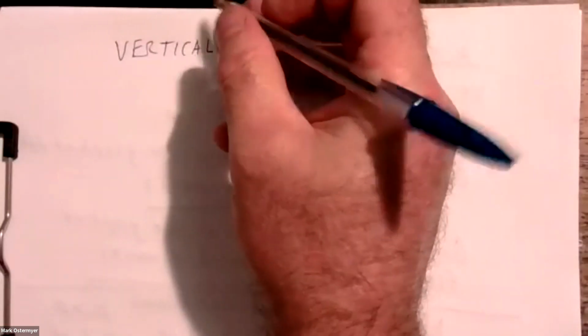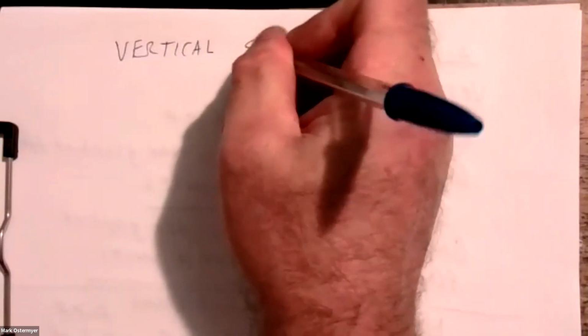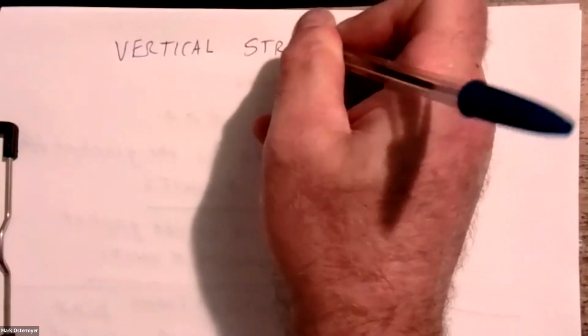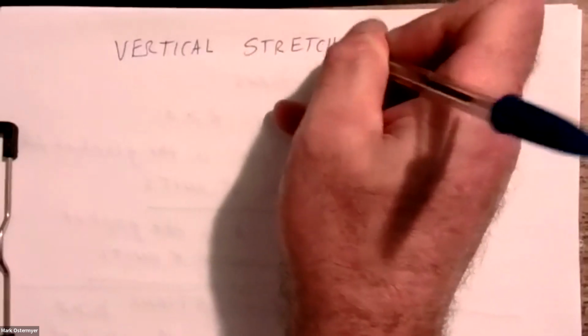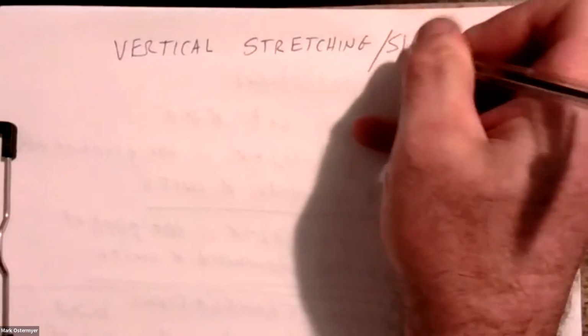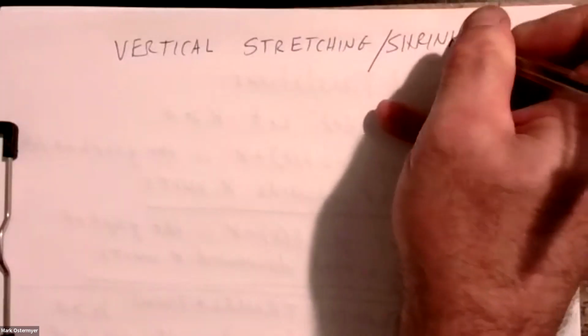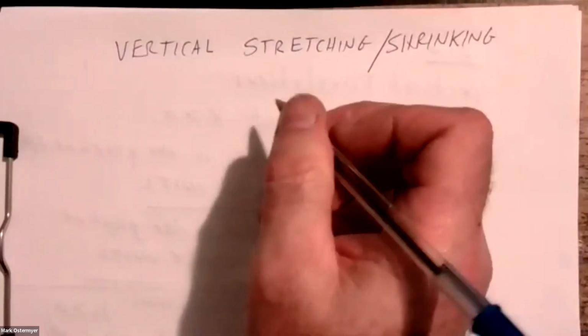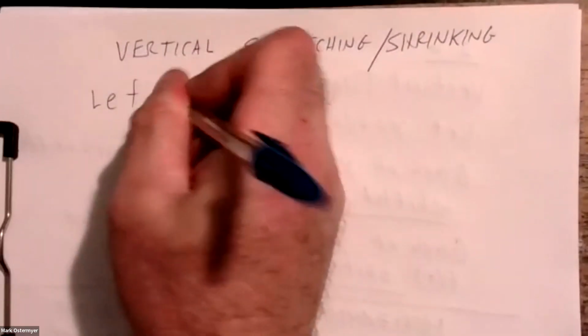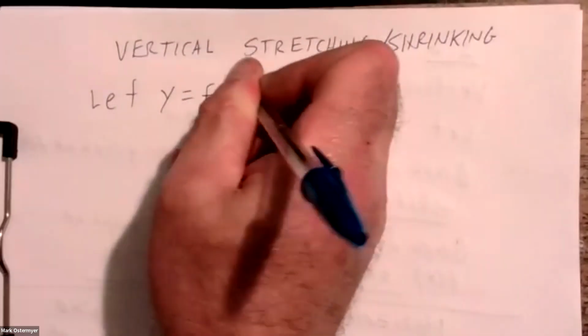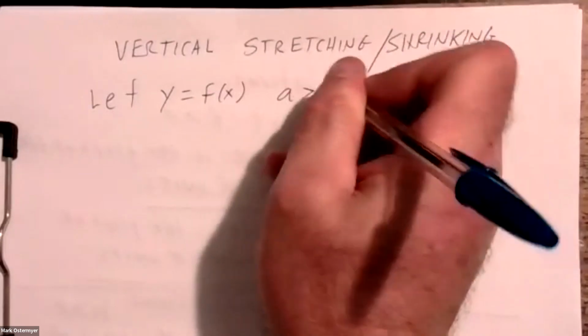How could we induce the graph of a function to experience a vertical stretching or shrinking to occur? Well, suppose again we have some function f of x, whatever the function is. Suppose a is some positive real number.